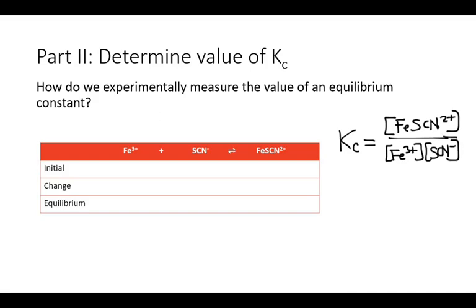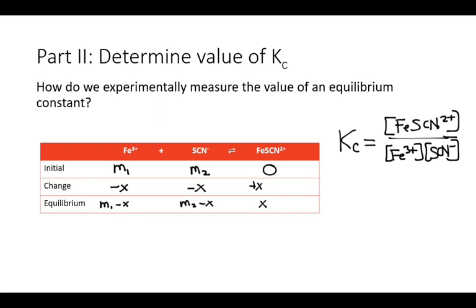Normally if you were going to calculate equilibrium concentrations, you would know some sort of initial molarity for each of your reactants, and we're going to start with no product. You could define how much the change would be, and then you would calculate the equilibrium amounts using your value of the equilibrium constant.